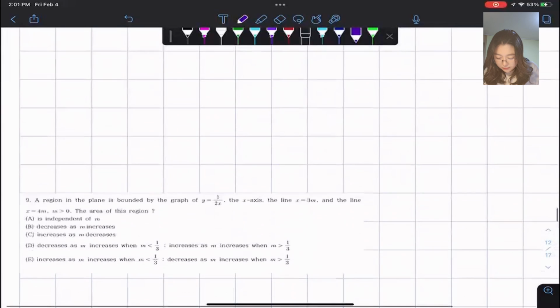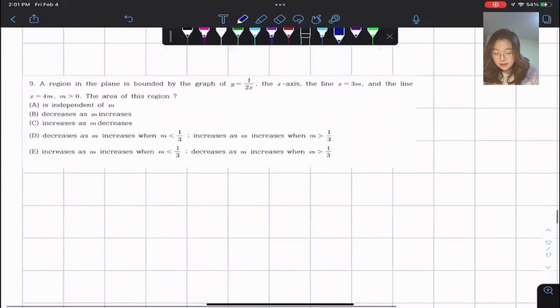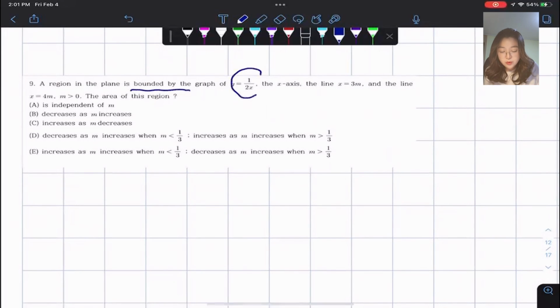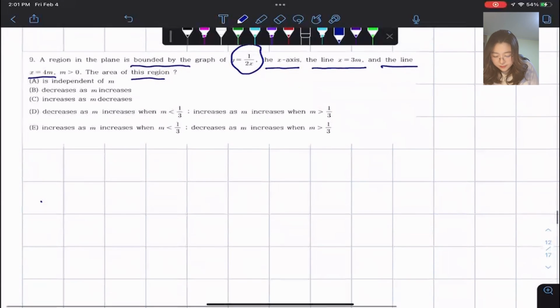Look at problem number 9. The region in the plane is bounded by the graph of y equals 1 over 2 times x, the x-axis, the line x equals 3m, and the line x equals 4m, where m is more than 0. The area of this region is... Okay, let's draw this graph.